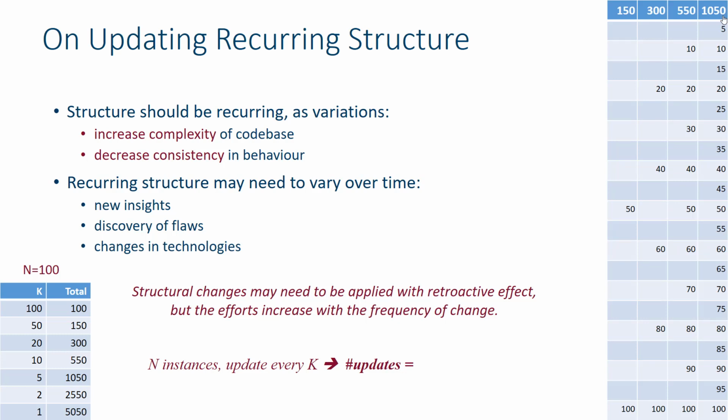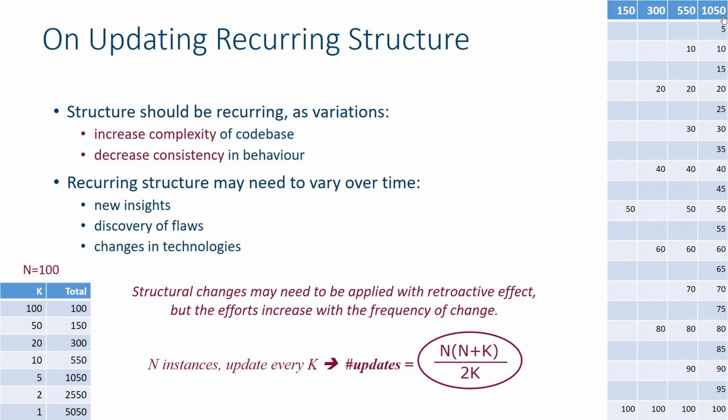If you did it, for instance, every 20 elements, well, you would do it after 20 elements, after 40, after 60, after 80, and after 100, and so the total effort of recoding the recurring structure would be 300. And so it goes up.